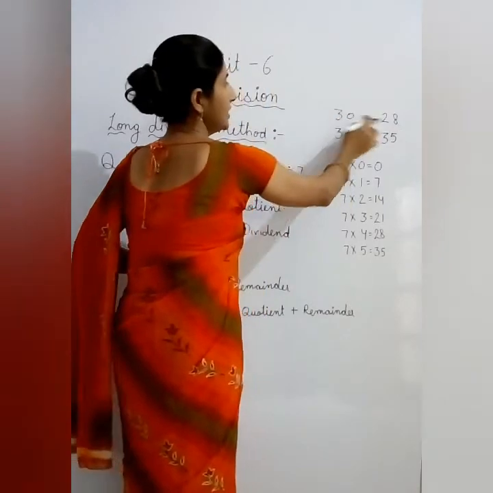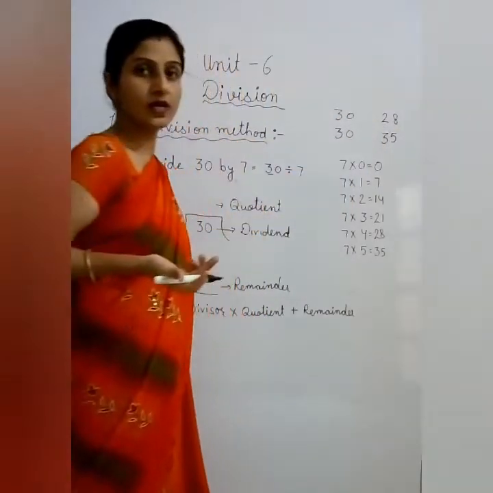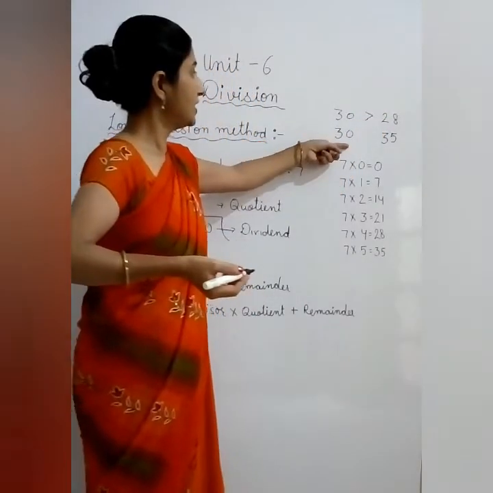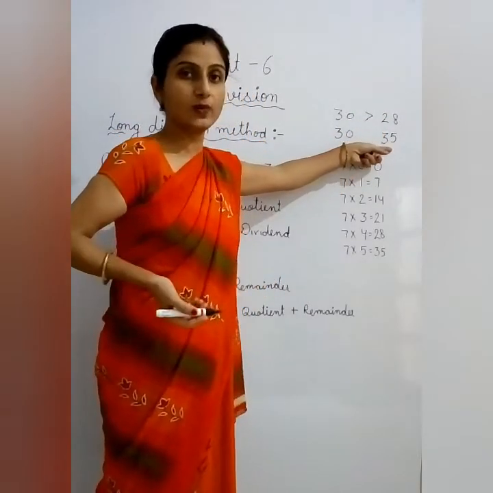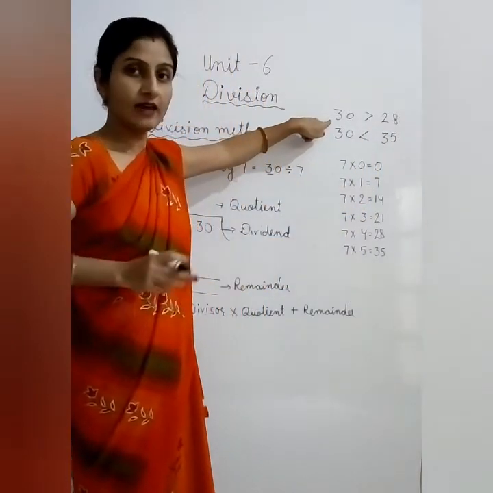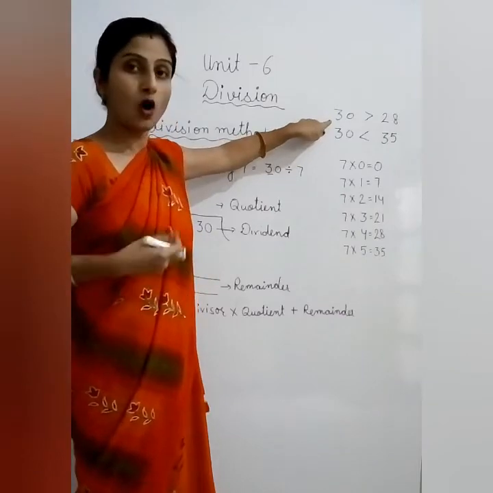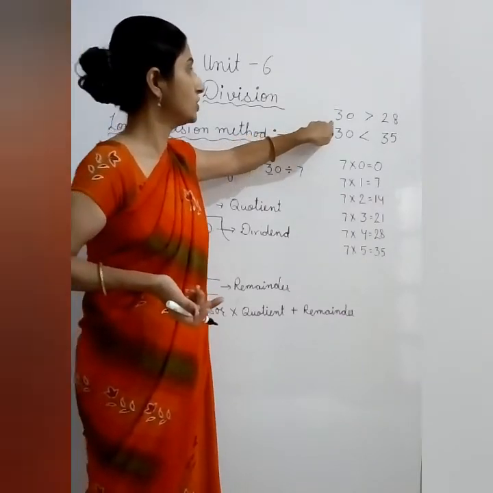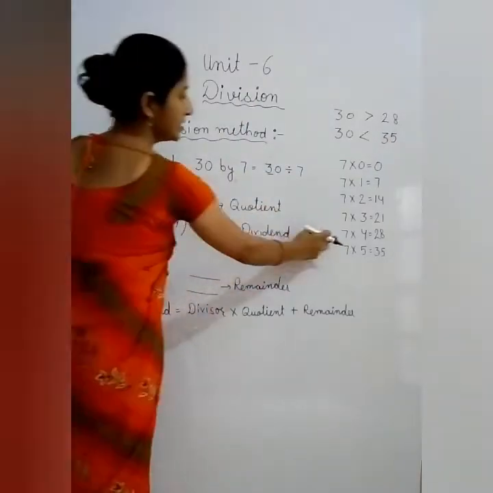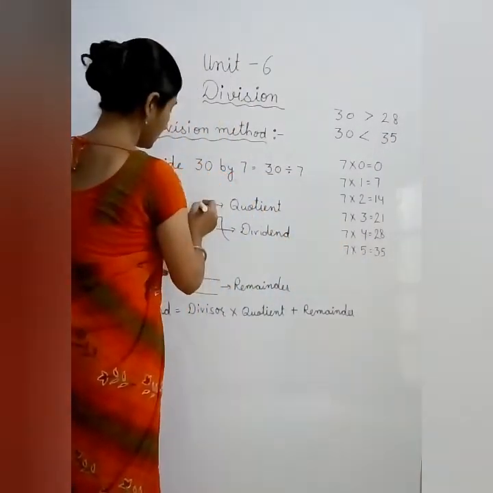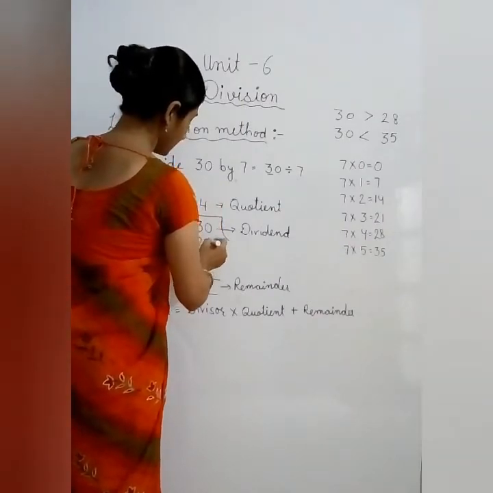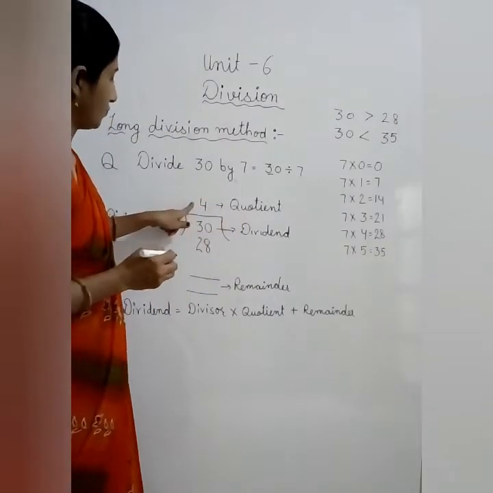In 30 and 28, which one is the bigger number? In 30 and 35, which one is the bigger number? This one is our dividend. So we take a smaller number than 30. Which one is smaller? 28. So we write here 7 4s are 28. What is our quotient? 4.